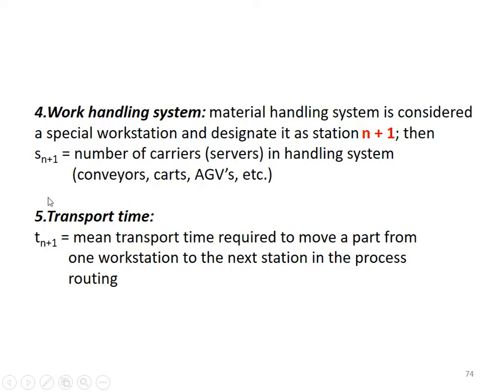Just remember, Sn plus 1 and Tn plus 1 are the work handling system related parameters, and normally they are used in the last cycle, as you can see in the example, which I will highlight. This is different from the conventional procedure of any manufacturing process which we discussed here.